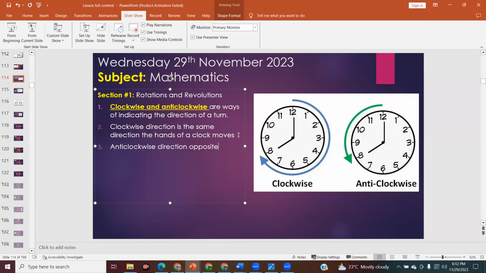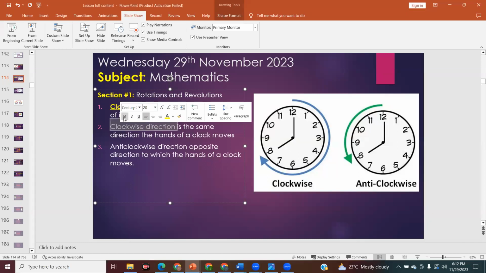The opposite direction to which the hands of a clock moves. So that's what we mean. Clockwise is you're moving in the same direction as the hands of a clock. Anti-clockwise, you're moving in the opposite direction of the hands of a clock.